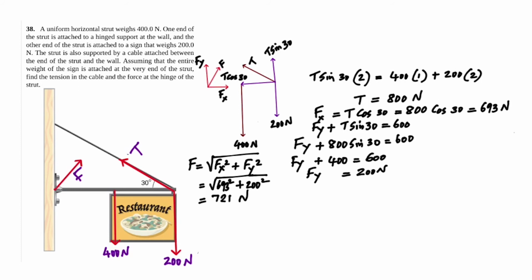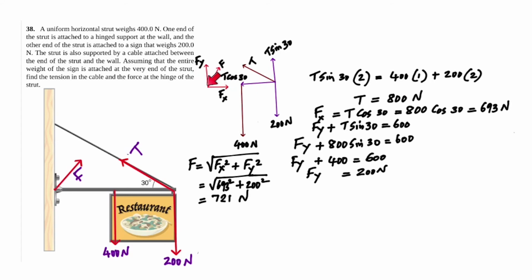And then you can calculate the force F in many ways, but what I did is, knowing that the horizontal components must be equal, I set Fx as equal to T cosine 30, because I know they should cancel out. Why? The net force along any axis should be 0. So this must be equal to this. That's what I've done there, and I got Fx. Same thing here.